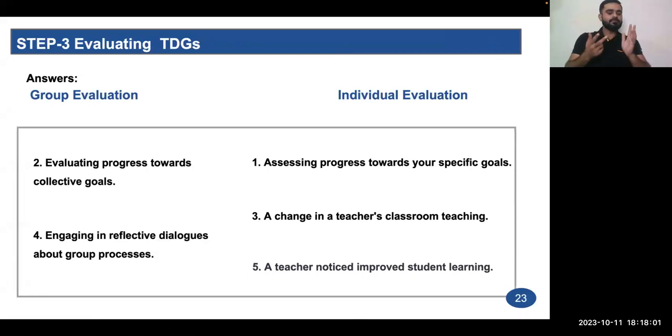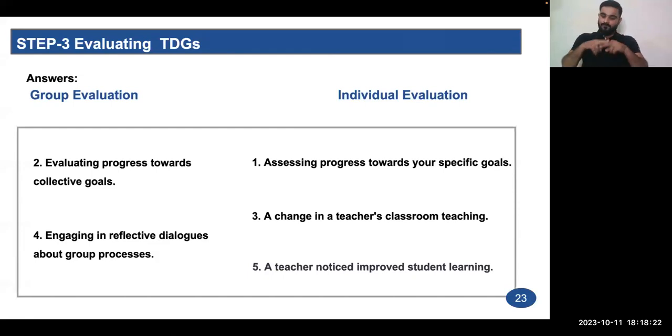As a teacher, when I reflect upon my own progress, I can focus on whether I have achieved my specific goals, whether I am a little closer or need to change some strategies, and whether there is a change in my classroom teaching after joining the group.